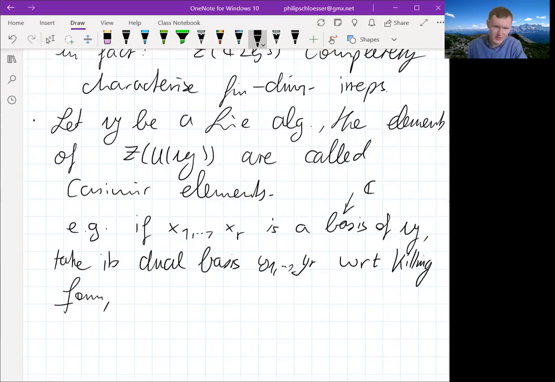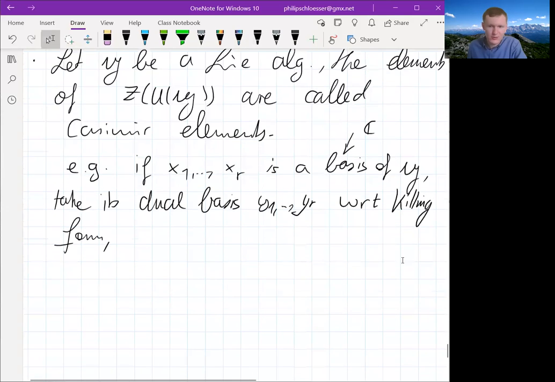Or in particular, it's a scalar product if g is semi-simple. So I guess we have to assume that g is semi-simple here.